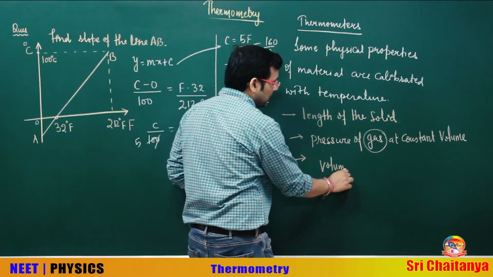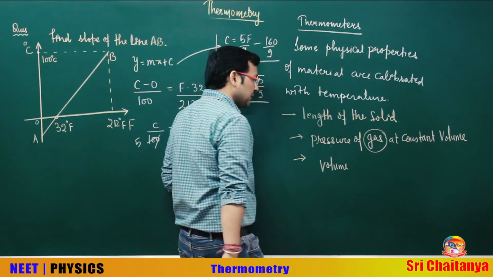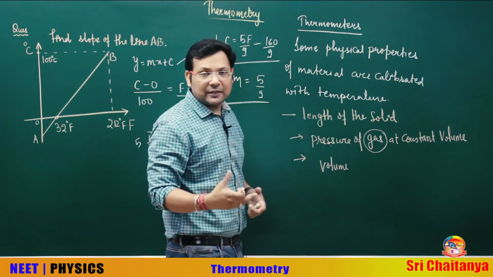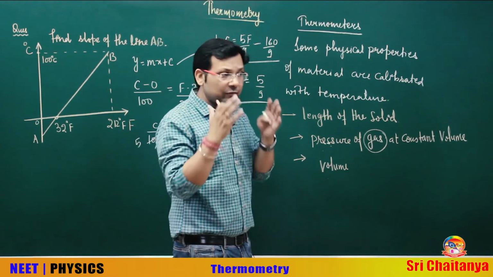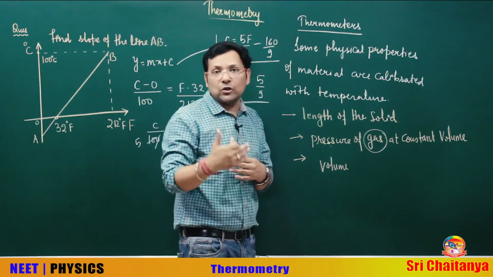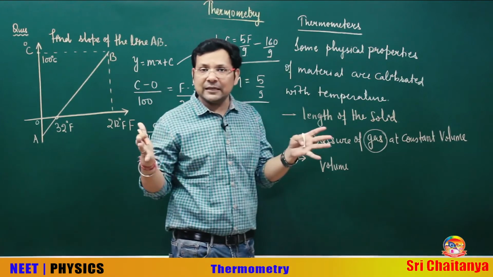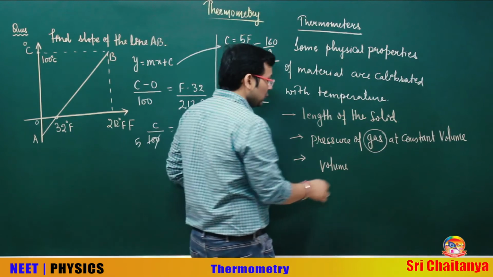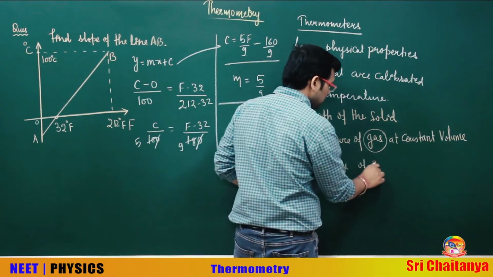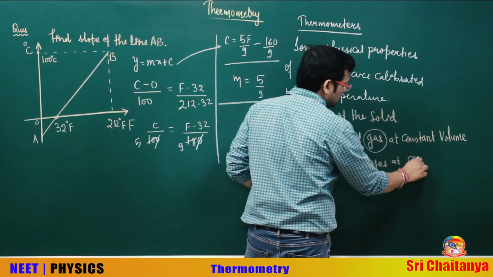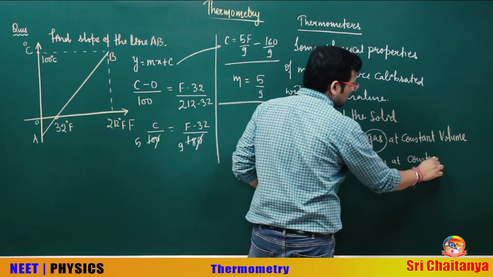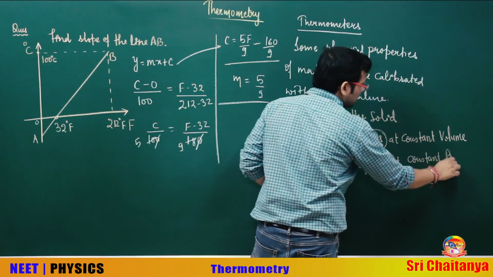Next is volume of gas. You know that pressure and volume vary with temperature. They can be calibrated, and according to temperature, when they vary, we can measure. We will observe pressure, we will observe volume, but we can measure temperature as they are calibrated. Volume of gas at constant pressure.